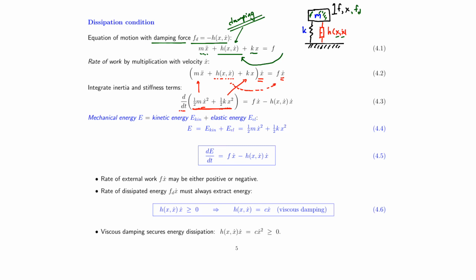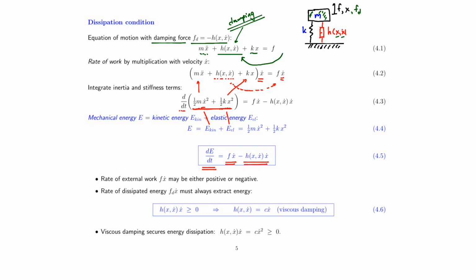So this equation tells us, once we've realized that kinetic energy is 1/2 m velocity squared, elastic energy is 1/2 stiffness displacement squared, that on the left-hand side we have the rate of mechanical energy, and our equation of motion tells us that that is equal to the rate of external work provided by the external loading, minus the dissipation of energy by the damping function. So the right-hand side is the difference in work produced by external loading and dissipation of energy.